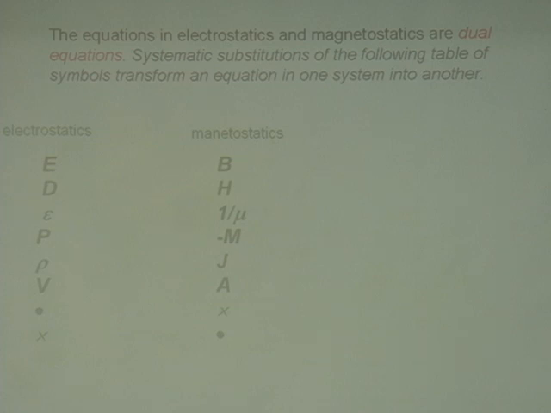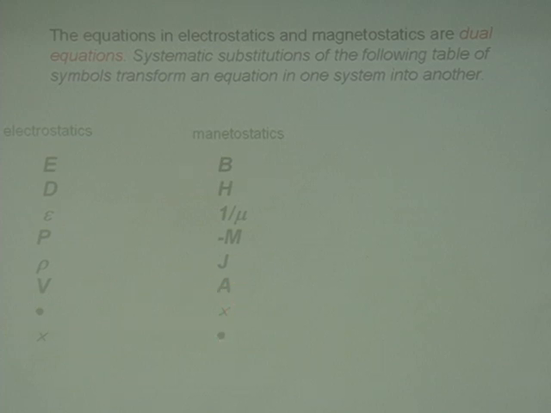And on the other hand, you have another set of variables and operators for magnetostatics. B is magnetic flux density, H is magnetic field intensity, and mu is permeability, M is the magnetization vector, current, and vector potential, cross product, dot product.